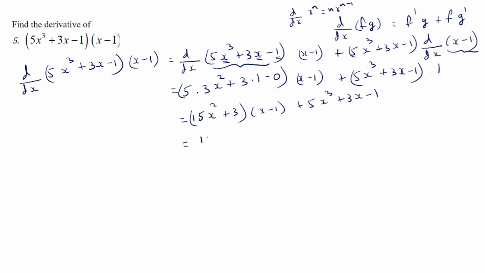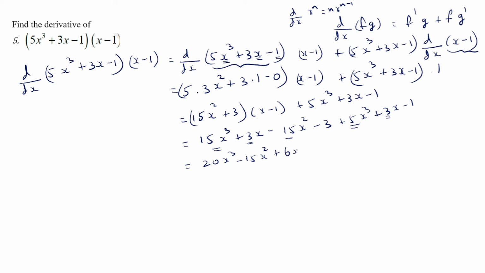So this we can simplify: 15x cube plus 3x minus 15x square minus 3 plus 5x cube plus 3x minus 1. So this is equal to 15x cube plus 5x cube, 20x cube, minus 15x square, plus 3x plus 3x, plus 6x, minus 3 minus 1, minus 4.